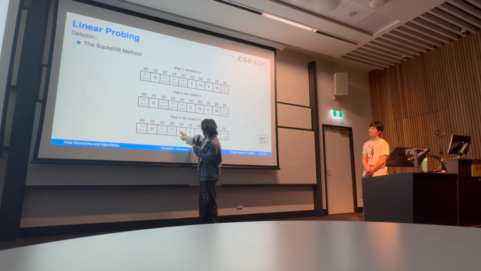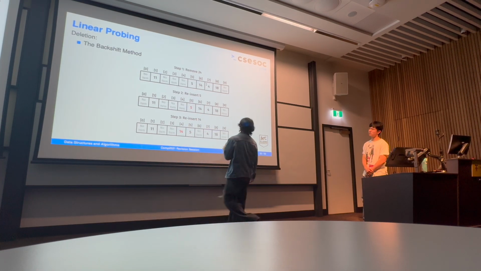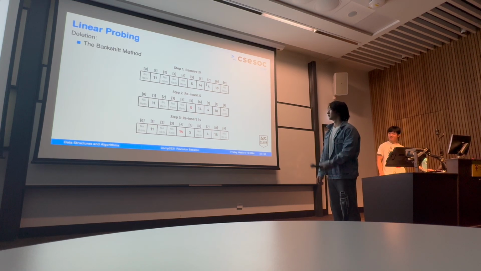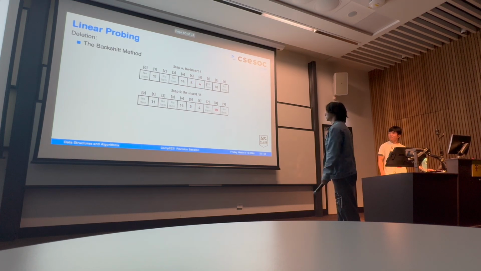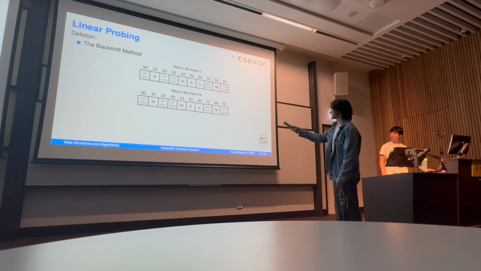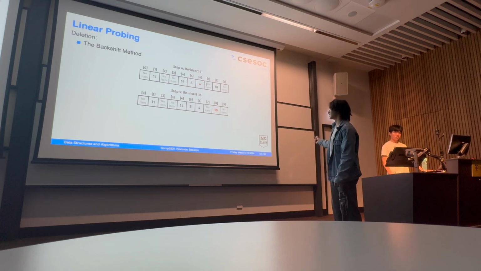If we reinsert 14, we move it to the place where it should be, so there are no gaps once again. That's basically the idea of the batch method. This continues because we also want to reinsert 4, and 18, because it's on that same chain.